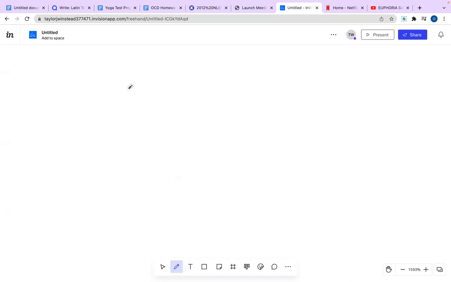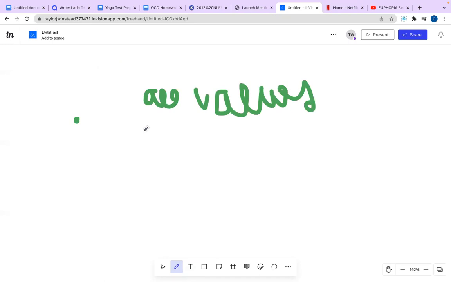So it consists of all values that a function takes in its target space.